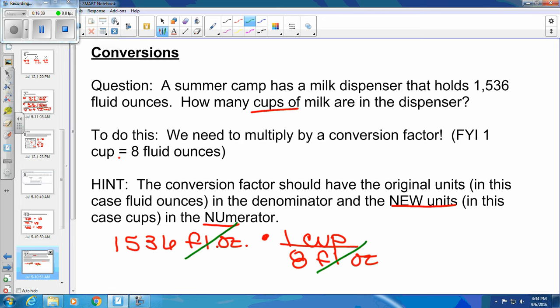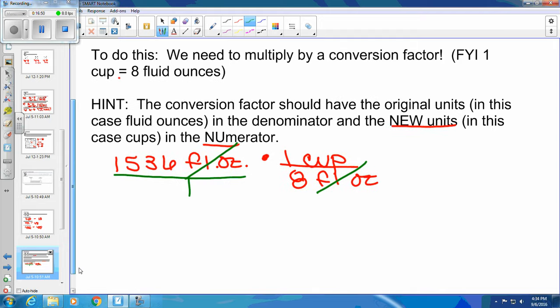So now I need to do 1,536 times 1, and then 1 times 8, because I am multiplying 2 fractions. So I end up with 1,536 cups divided by 8.